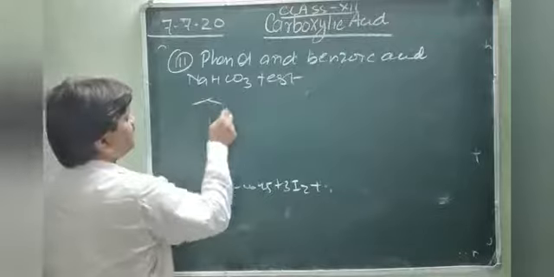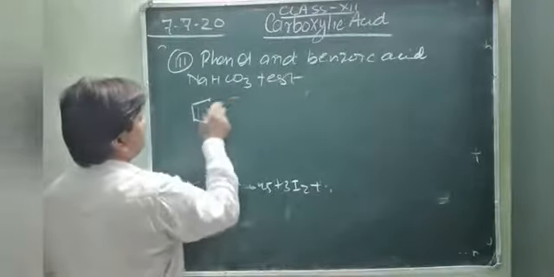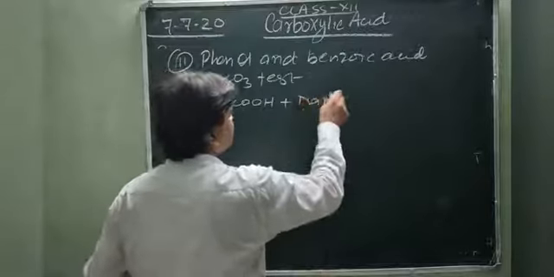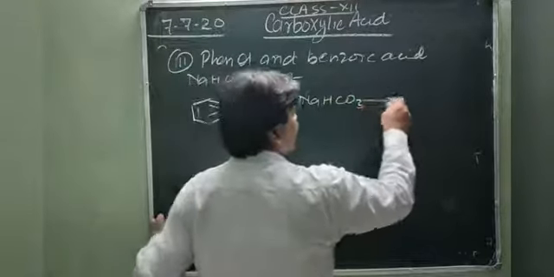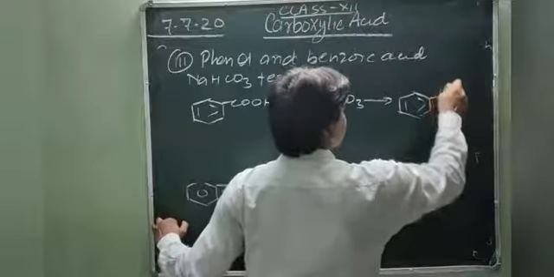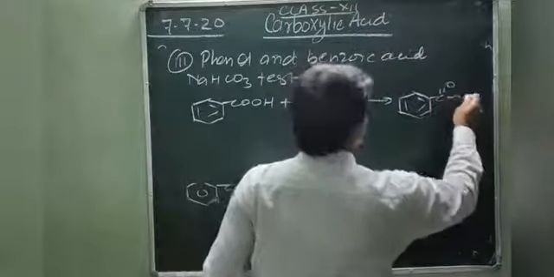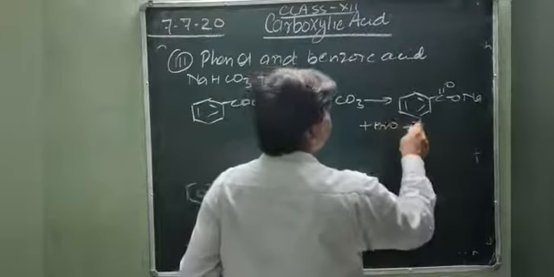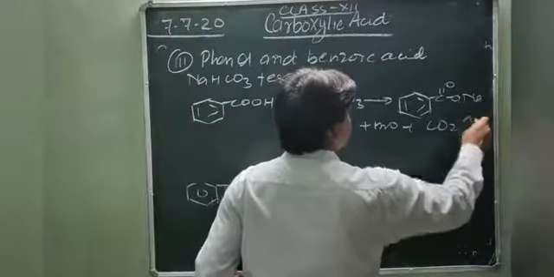Benzoic acid, C6H5COOH, when treated with NaHCO3, forms sodium benzoate, C6H5COONa, along with H2O and brisk effervescence of carbon dioxide.